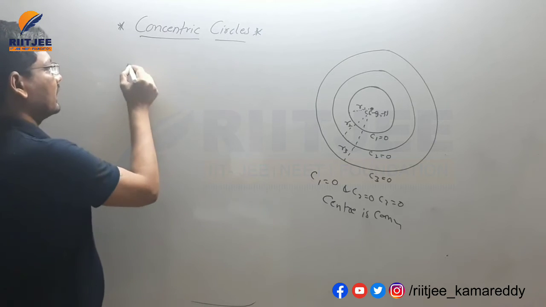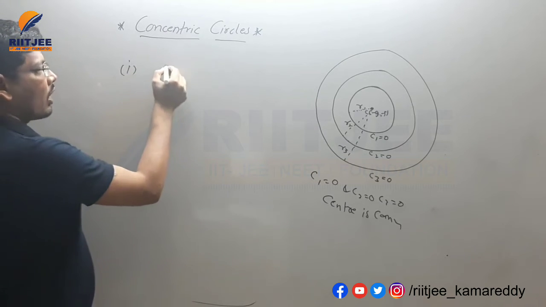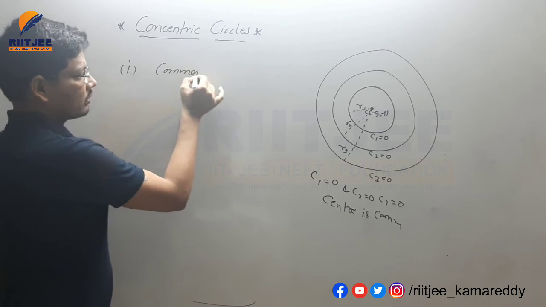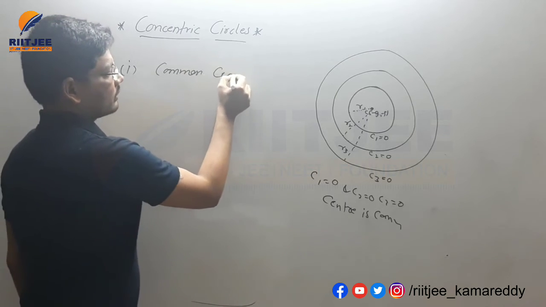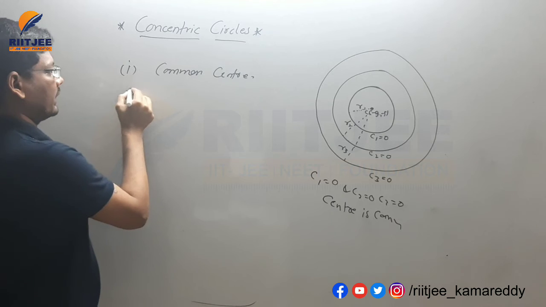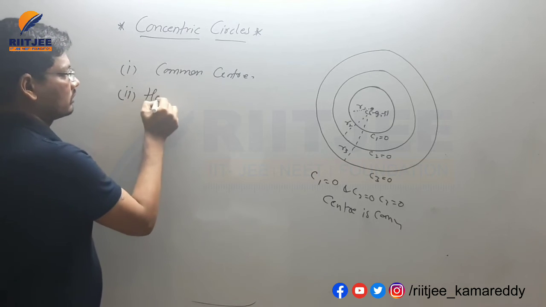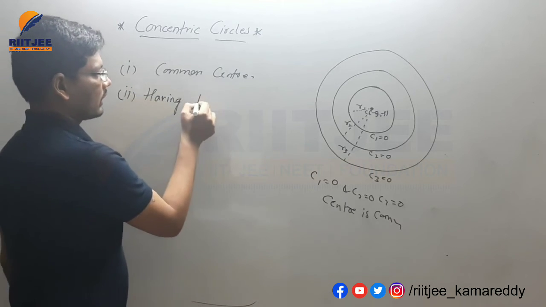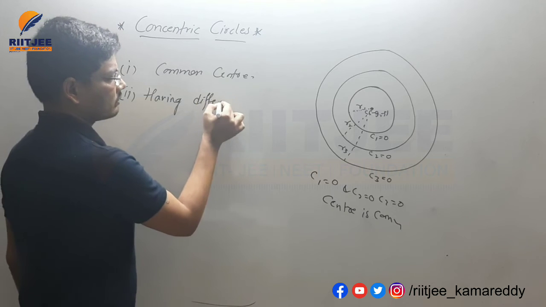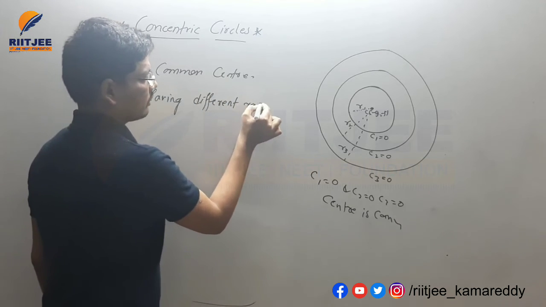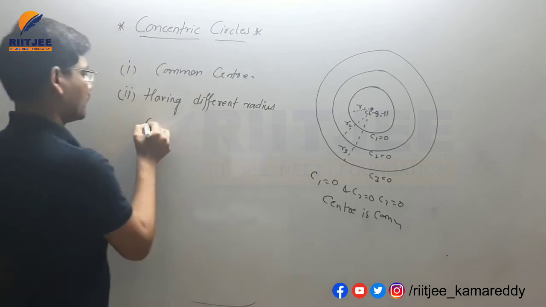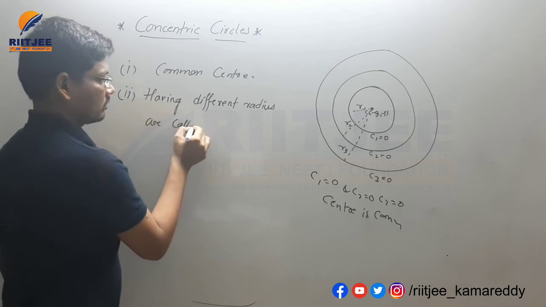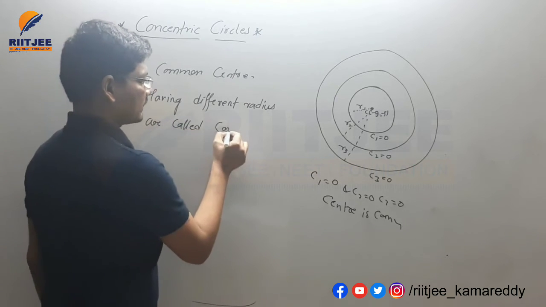The first condition is a common center, and the second one is having different radius. These are called concentric circles.